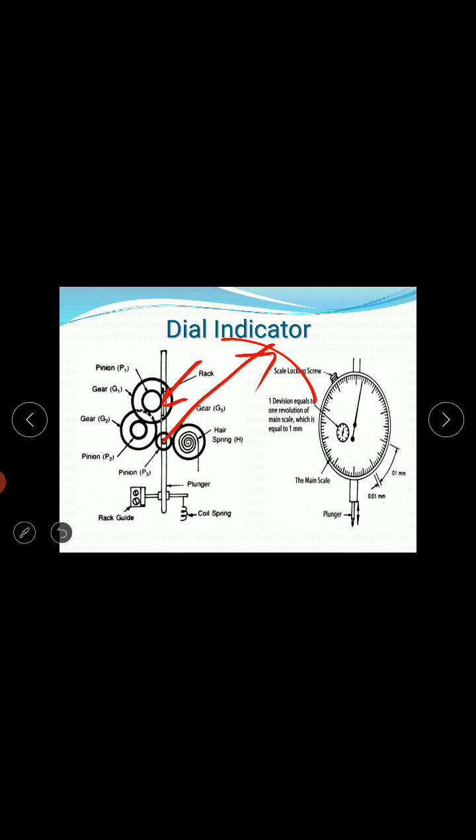At first, the known standard job is kept under the plunger, and from that dial the zero reading is set. After that, the standard part is replaced by the workpiece, placed under the plunger.